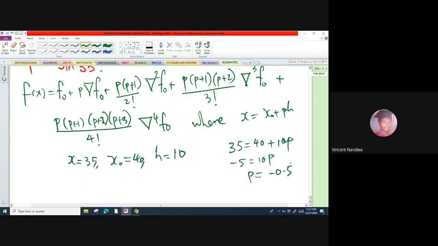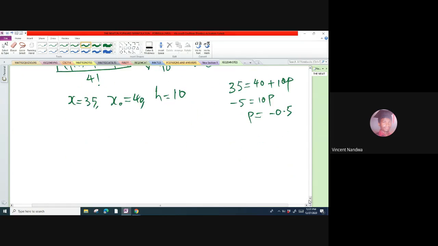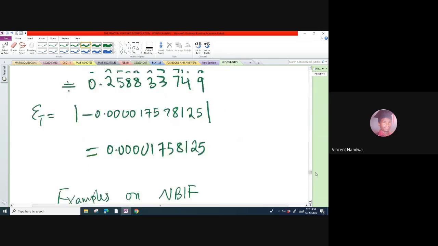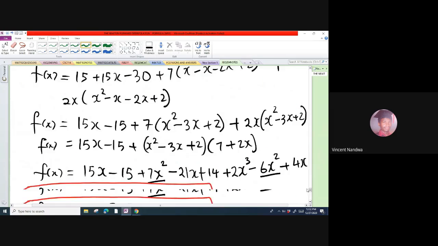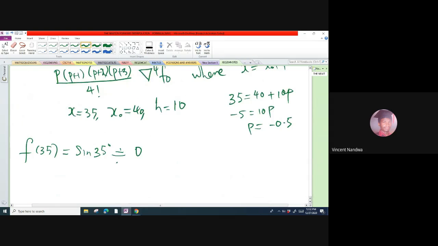So we'll have f of 35, which is the same as sine of 35, approximately equals, now the f naught from our table, this is the f naught, 0.64279, and then followed by this value as first backward. So we'll have 0.64279.